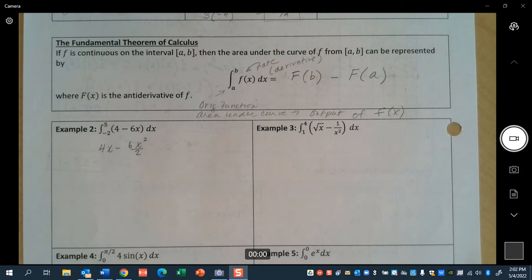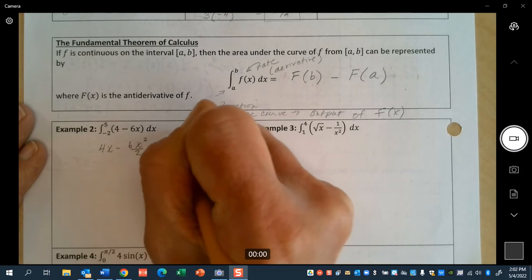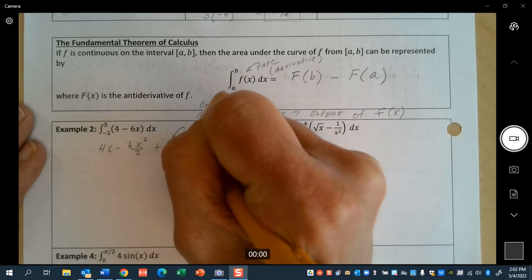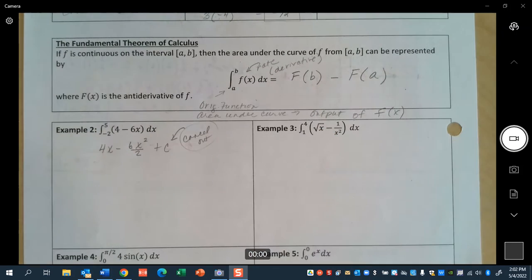So that's what we're doing with these functions. We're subtracting them. So whatever constant value I have here, I'm going to have here, and I'm going to subtract it. So when you're thinking about, hey, where's the plus C, those C's will cancel, so we get to not include them.